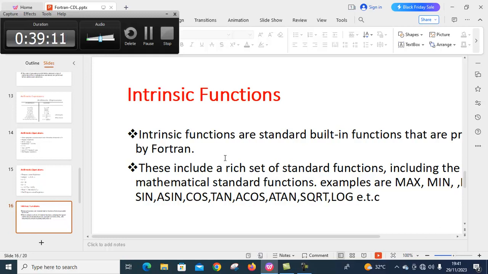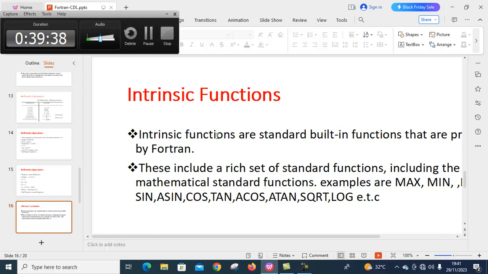Max, which means maximum. Min, which means minimum. SQRT, which means square root. EXP, exponential. We talk about sine, cos, tan, acos, and so on and so forth.